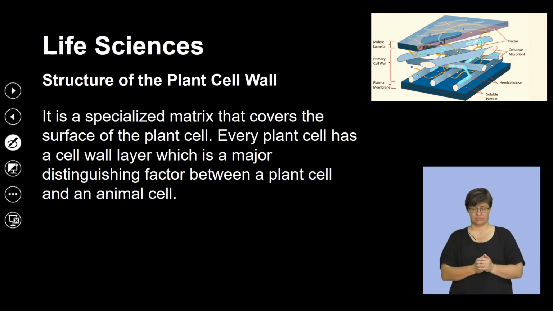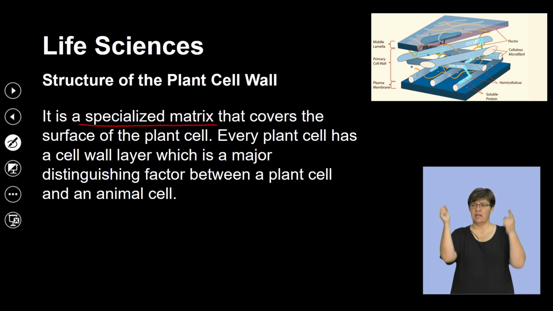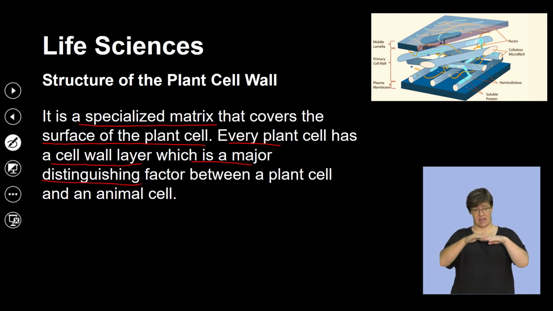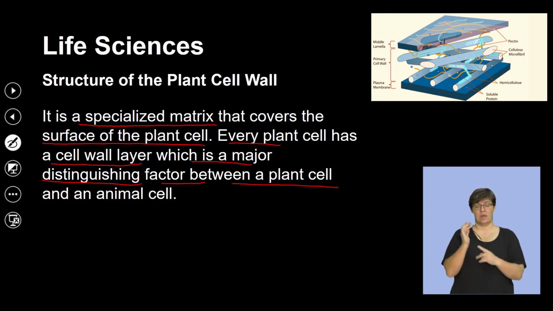So the plant cell wall is a specialized matrix that covers the surface of the plant cell. Essentially it is the skin of the cell. Every plant cell has a cell wall layer, which is a major distinguishing factor between a plant cell and an animal cell.